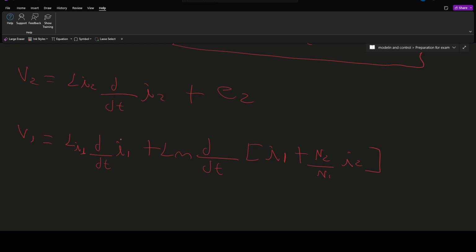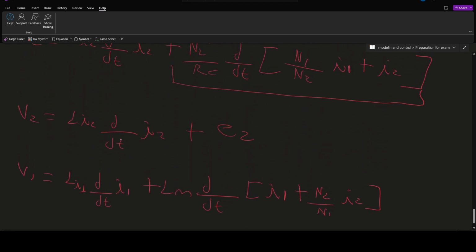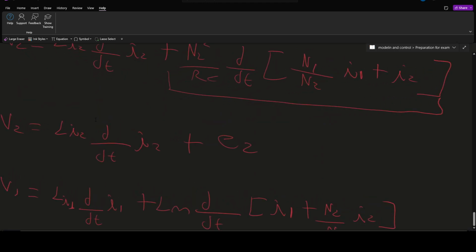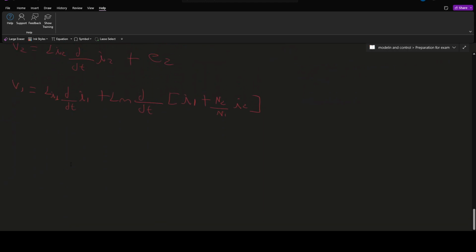Okay, so here I'm gonna draw the circuit based on these two equations. Let me make it a little bit smaller. Okay, so for the primary, not much changes. We know that we are gonna have our I1. We have our small leakage inductance due to I1.